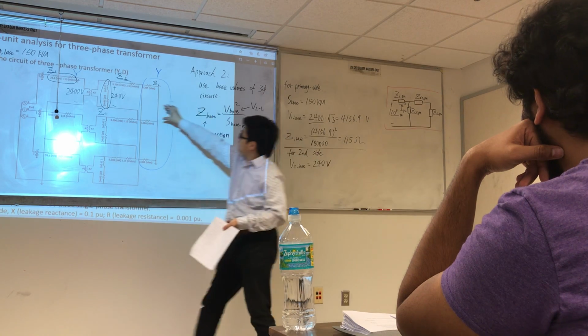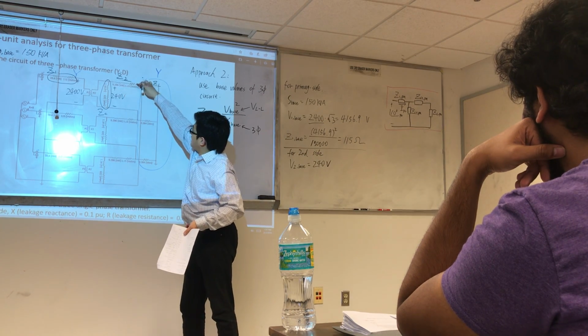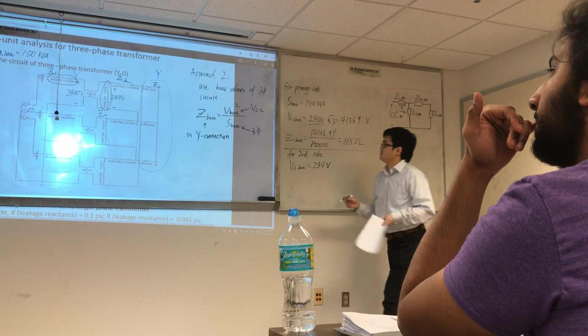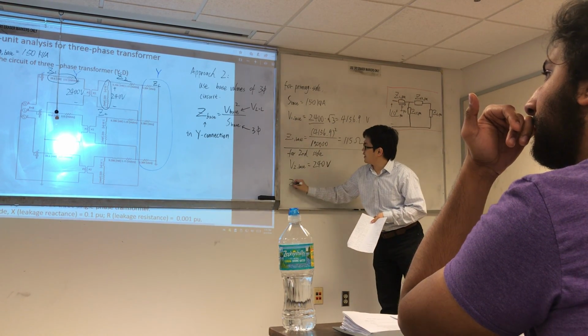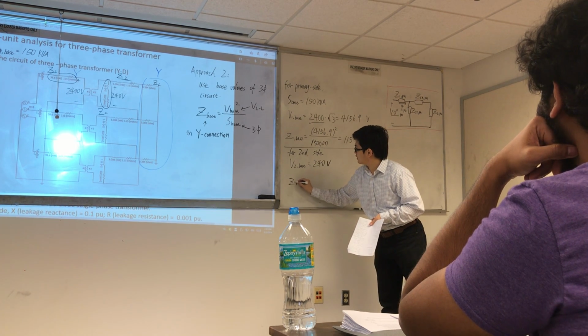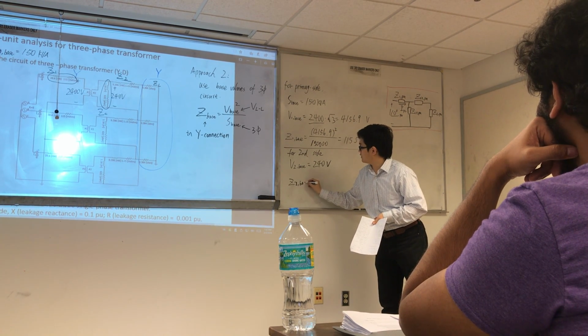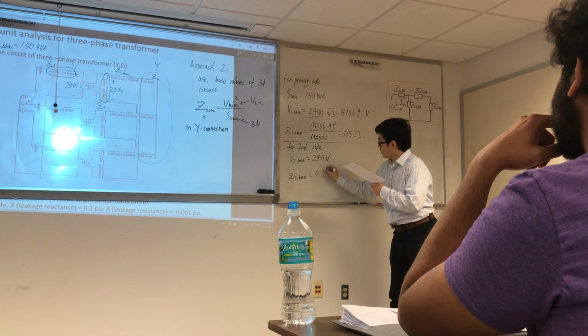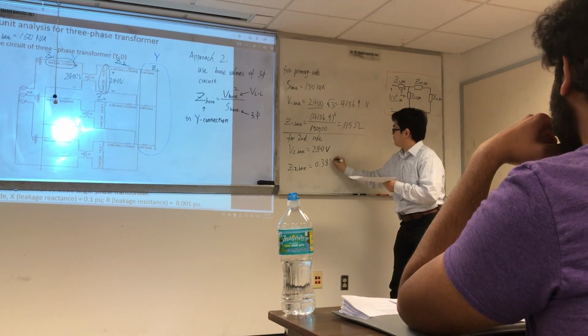You can see this is 240 and then this line to this line, it's already line-to-line voltage. So your Z2 base is 0.384.